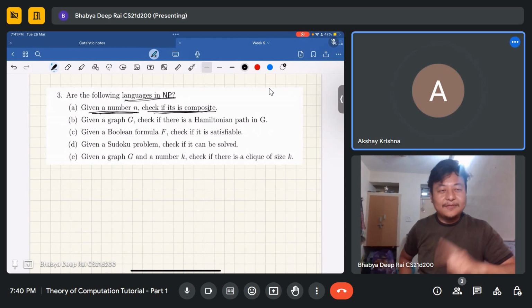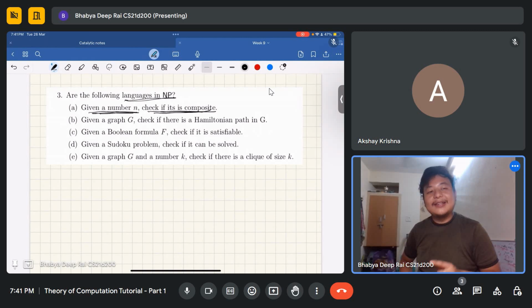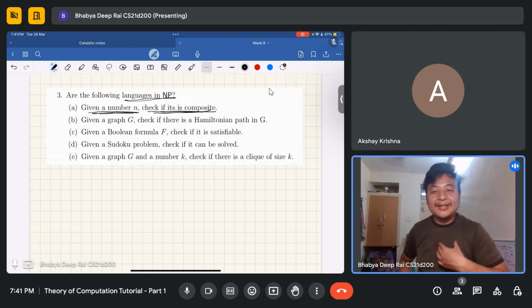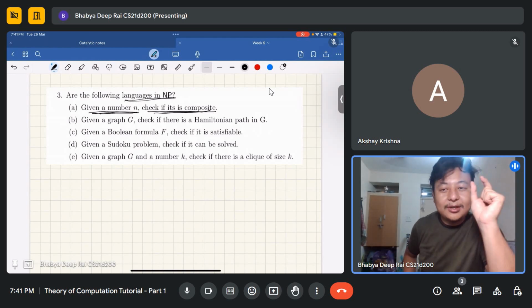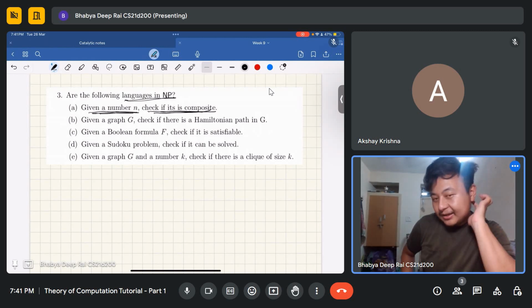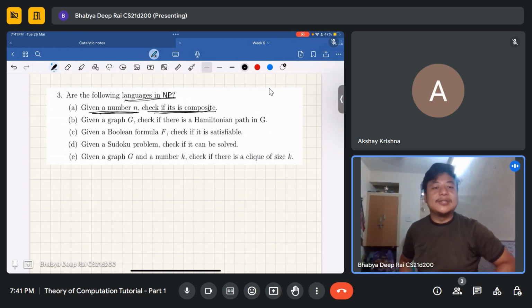Yeah, you can give me 3 and you can give me 9, and you can tell me that if I multiply 3 and 9, then I will get 27, and that is why it's composite. And I'll be completely convinced. I'll just multiply them together and then I'll say, oh, this is 27. I'm convinced. Good job. So this 3 and 9 is what we are talking about as certificates. 3 and 9 is a certificate for the fact that a number is composite.